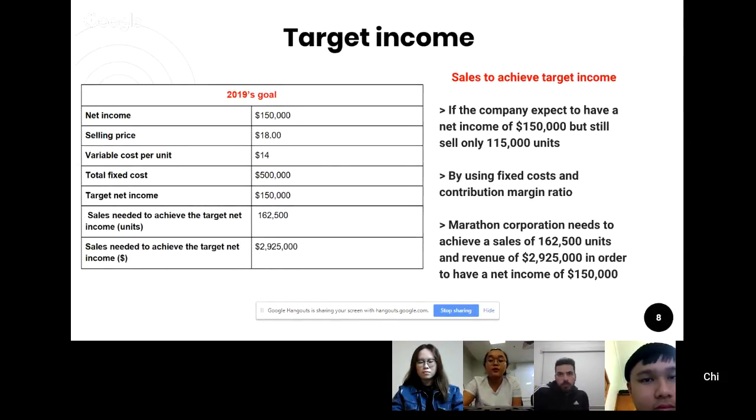Regarding the formula of sales quantity to achieve targeted pre-tax profit, we plug the target income, the total fixed cost, and the contribution margin into the formula to calculate the target sales in units, which is equal to 162,500 units.